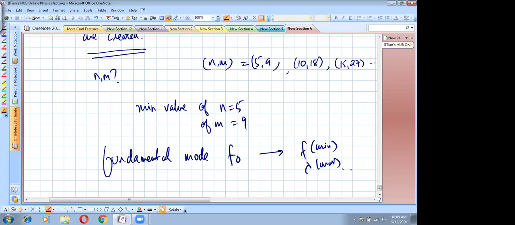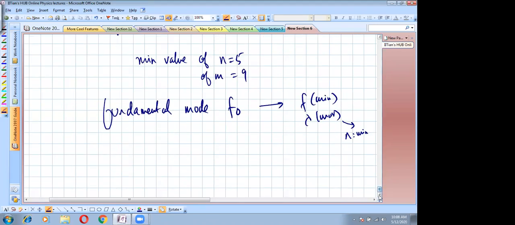Lambda being maximum corresponds to n being minimum. This fundamental frequency we'll calculate as 1 by lambda 1 square root T by mu 1, and that should be equal to 1 by lambda 2 square root T by mu 2.